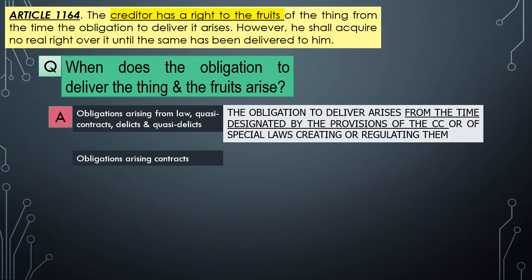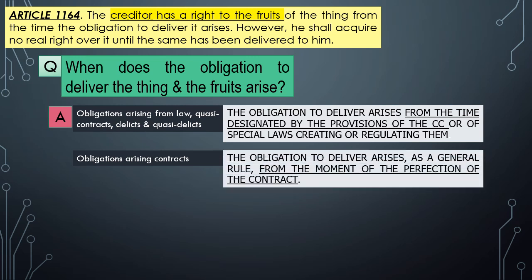Then the obligation to deliver the thing and the fruits arise, as a general rule, from the moment of the perfection of the contract. Take note na magkaiba din ang perfection of the contract depending on the contract involved, because recall your contracts, sabi doon, if it is a consensual contract, it is perfected by mere consent. But if it is a real contract, such as your comodatum, your pledge, it is perfected upon delivery.